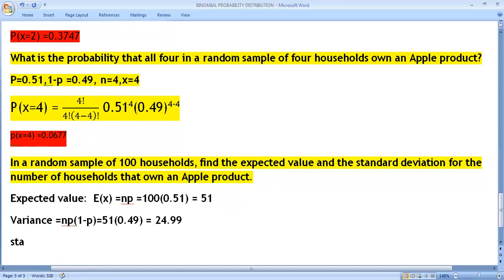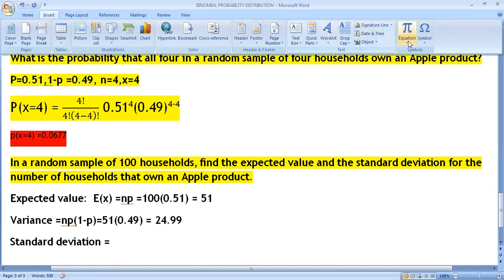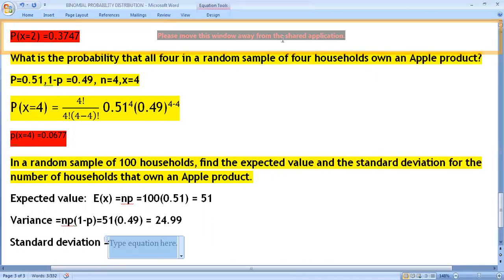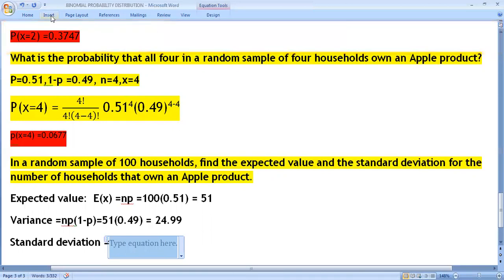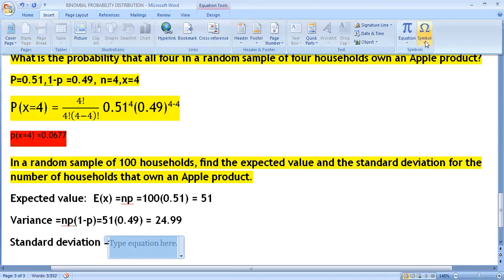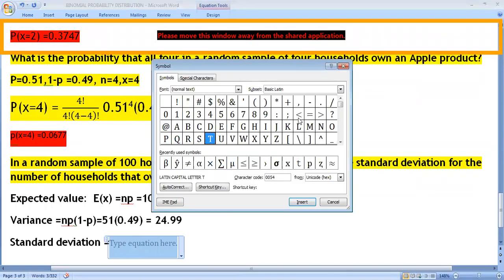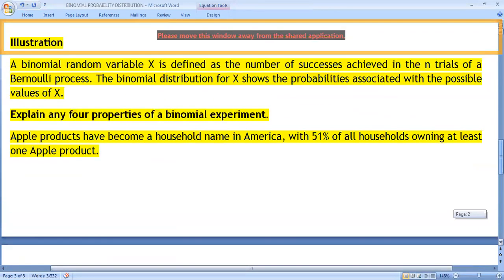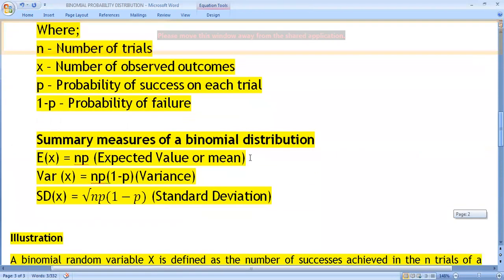If I want to get the standard deviation, this equals the square root of our variance.